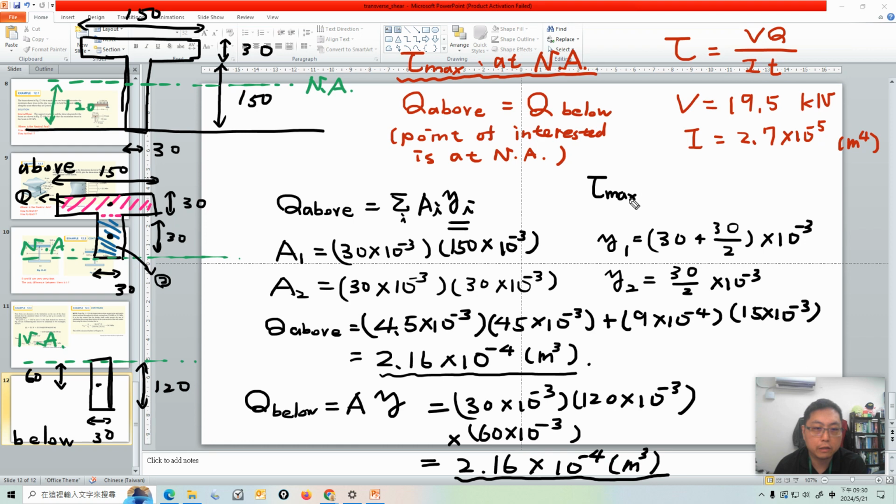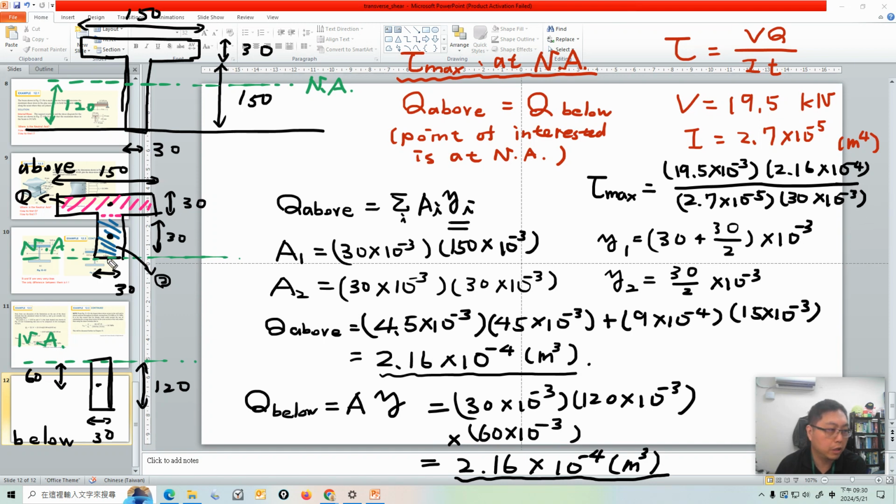For the maximum, we just say the maximum shear stress in a beam is always at the neutral axis. So if you plug everything in there, VQ over It, Q is 2.16 times 10 to the power minus 4, and I we already calculated, and the t is 30 millimeter. t is the thickness at the point of interest, based on the geometry information of the cross section.